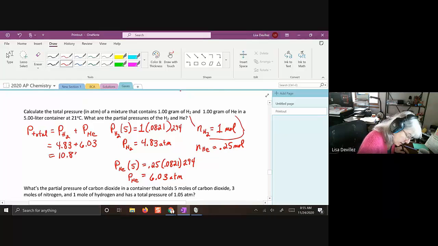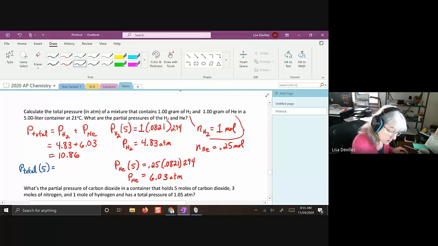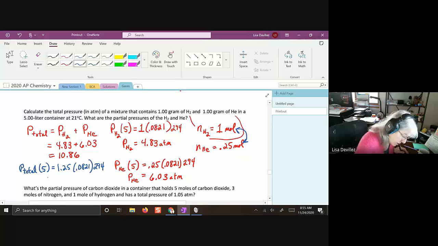Okay, so that's going to give me 10.86. Okay, or the other way I could do it is that P total times my volume equals n total, so add the 2 moles, so I have 1.25 moles times 0.0821 and 294.